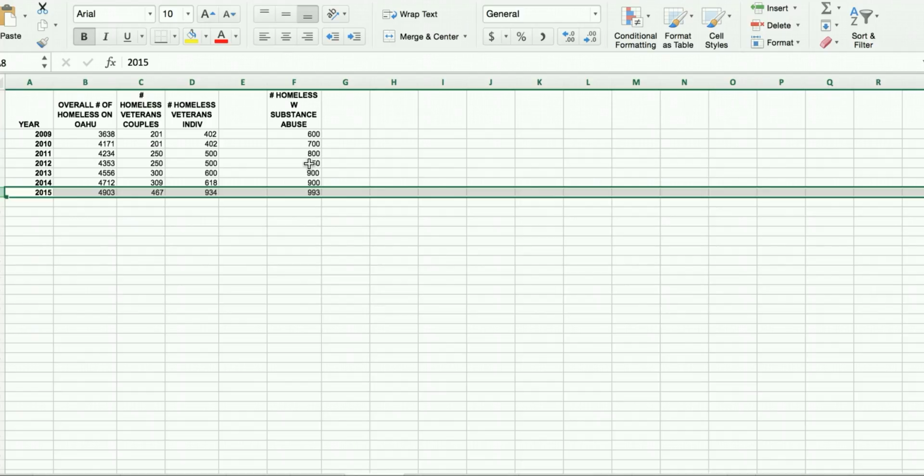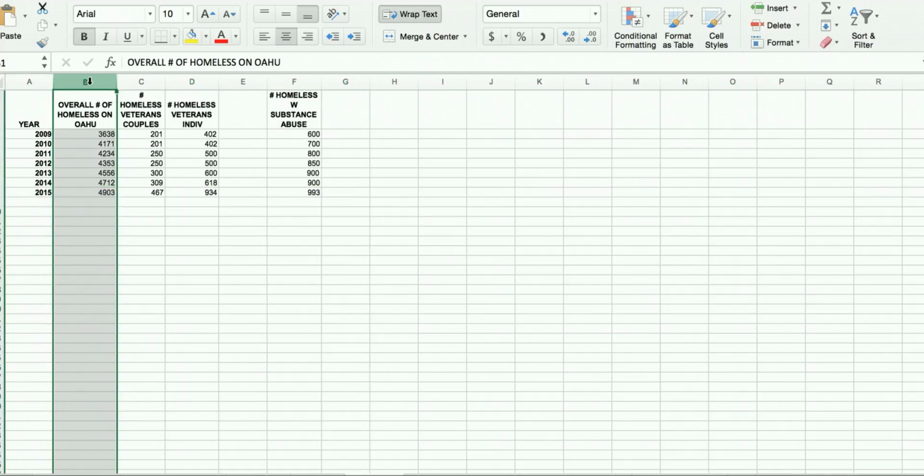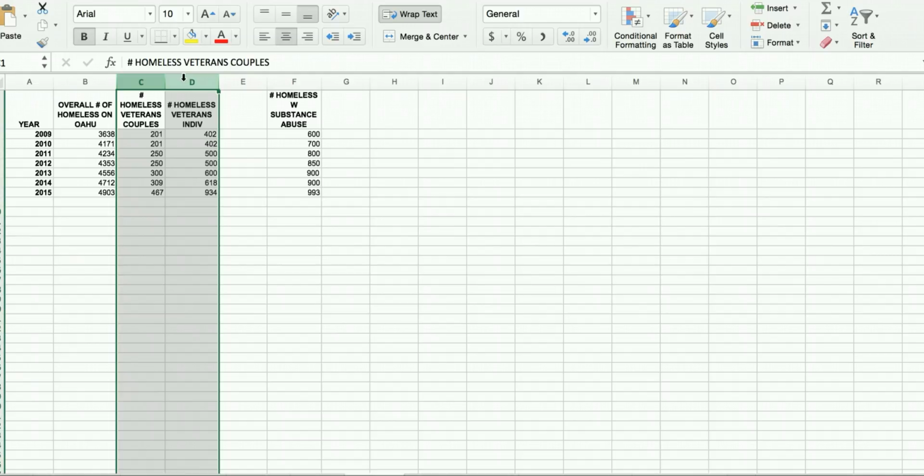And so for this example, the column B here, the overall number of homeless on Oahu, that's my dependent variable, my Y variable. And my independent variables for this example are these two columns, the number of homeless veterans couples and the number of homeless veteran individuals, and also the number of homeless people in substance abuse programs.